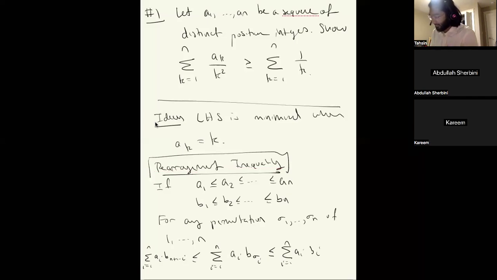In particular, it says that the left-hand side should be greater than or equal to... let's rewrite this as a_k times 1 over k squared. So 1 over k squared is decreasing. So if we want to make it as small as possible, we should order the a_k increasingly, right?